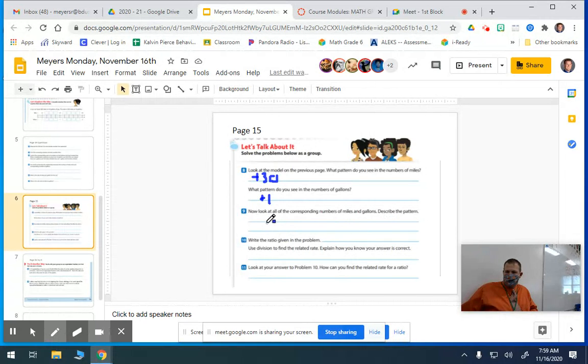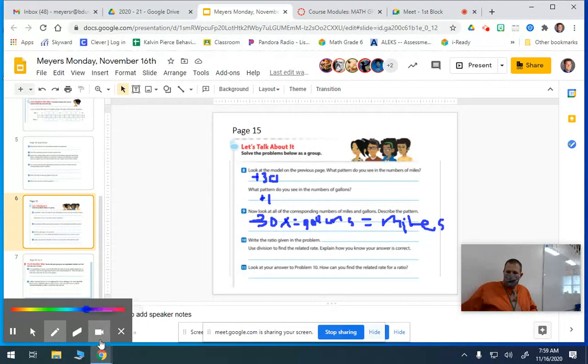Describe the pattern. So what's happening, we said it's 30 times bigger, right? 30 times the gallons equals the miles. I wrote that wrong. I got to erase that first equal sign. 30 times the gallons equals the miles.